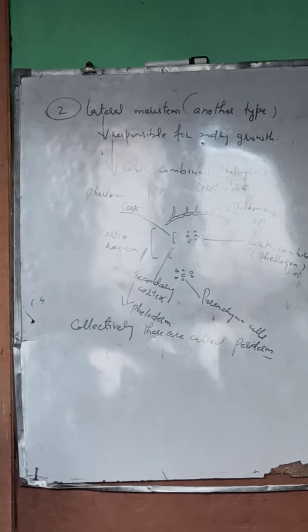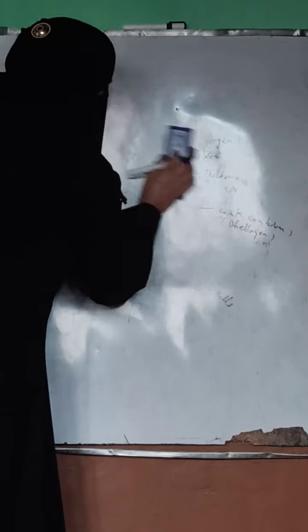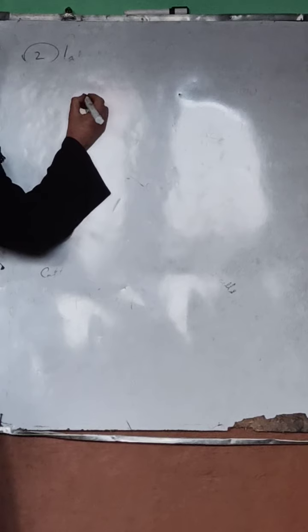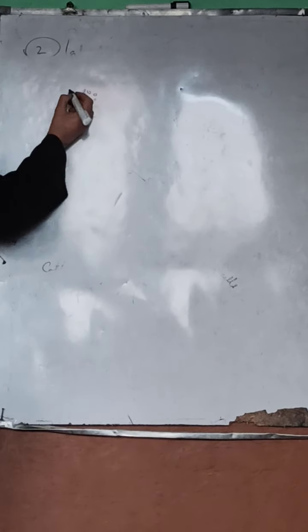Now we know that cork is on the outer side, and it is the technical term given for dead cells. I will show the structure once again. These are the cells, and this is the outermost layer.